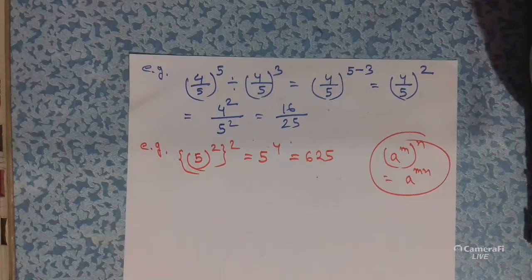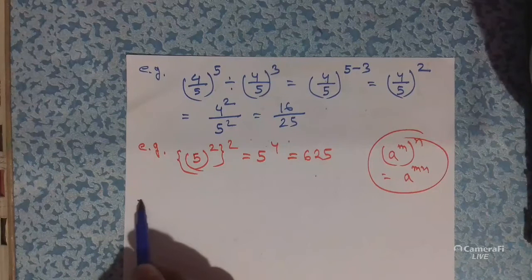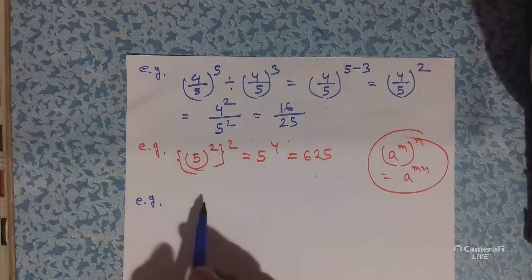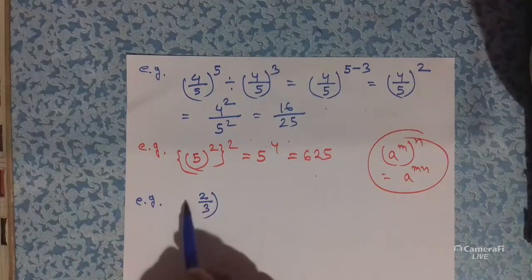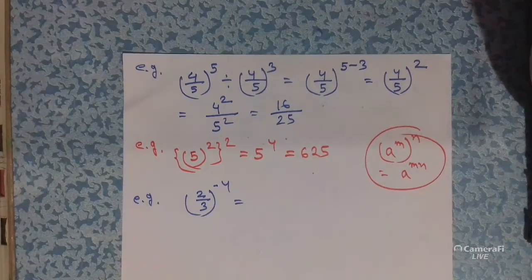Another example. Evaluate (2/3) to the power minus 4. In this case, students, at first you have to convert this negative exponent into a positive exponent.